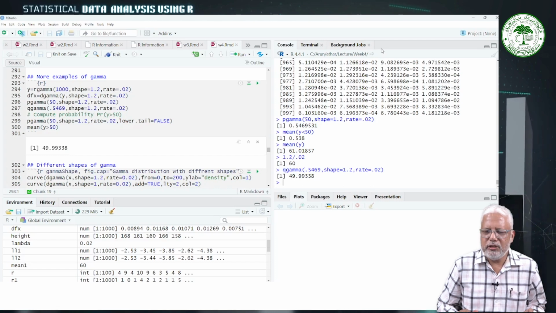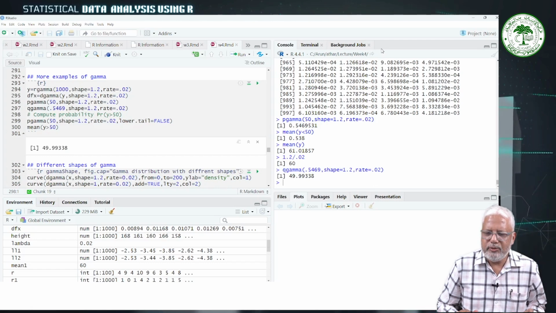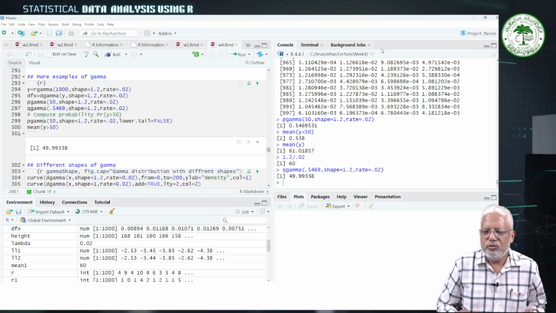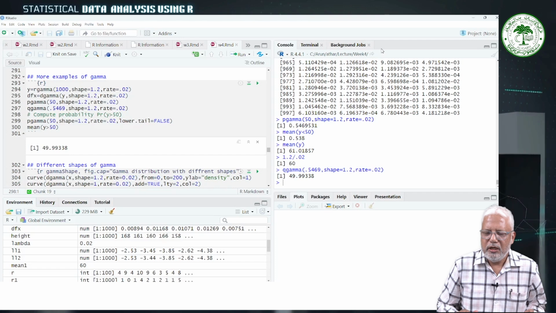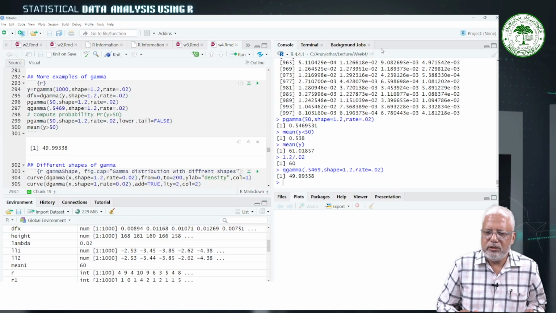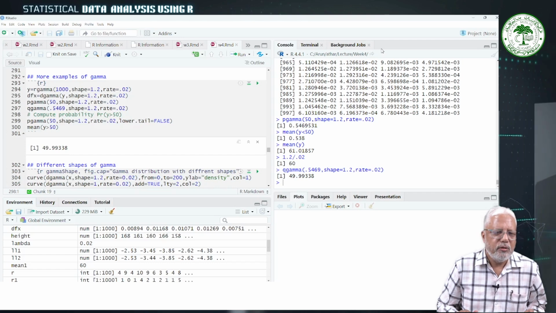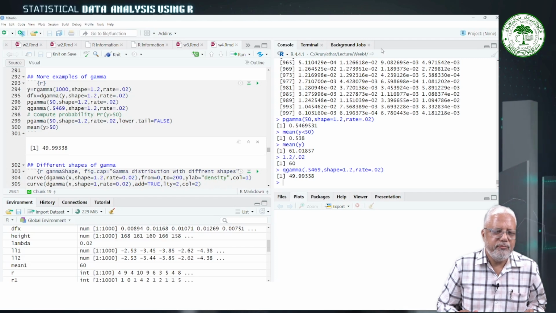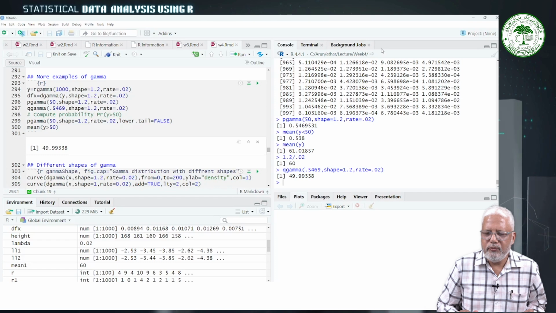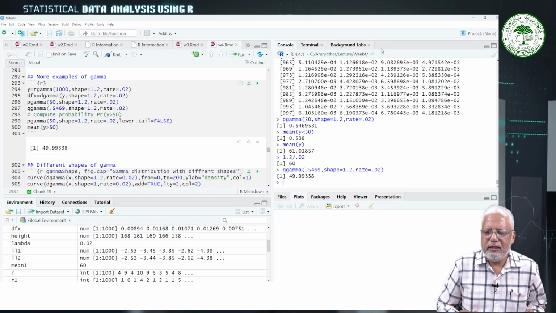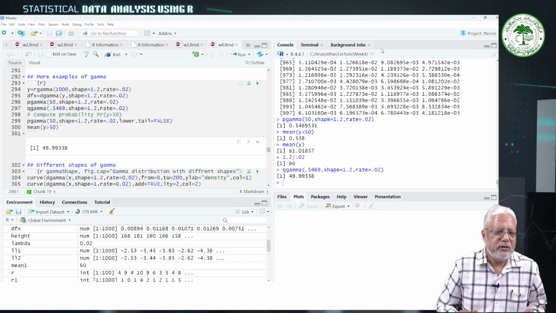Because quantile is nothing but inverse image of the CDF. So, the value of the CDF is 0.5469. And if probability is 0.5469, so quantile will be 49.99, which is equivalent to 50.